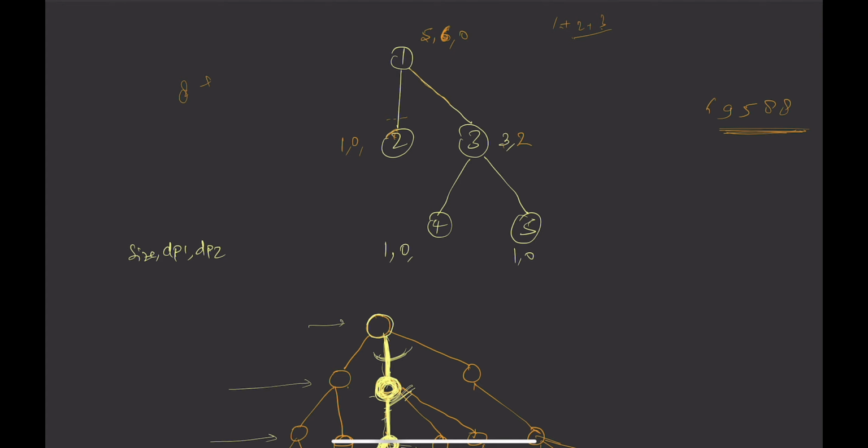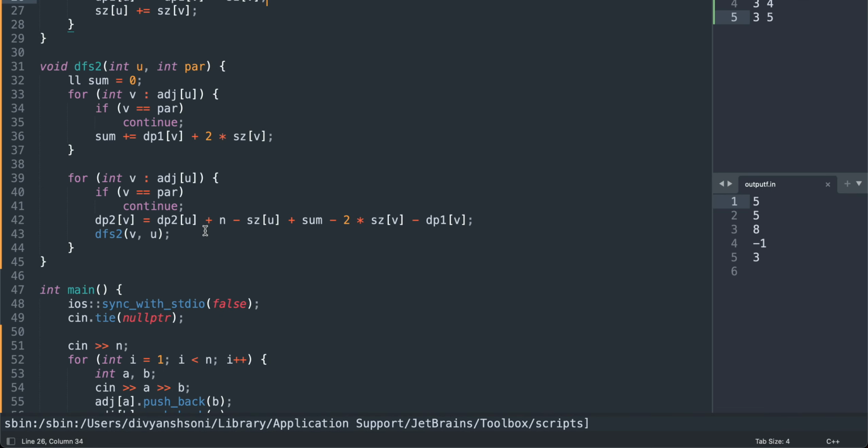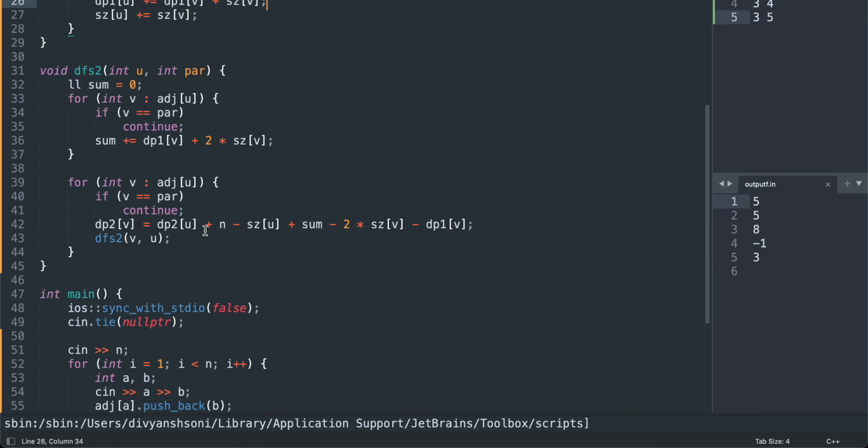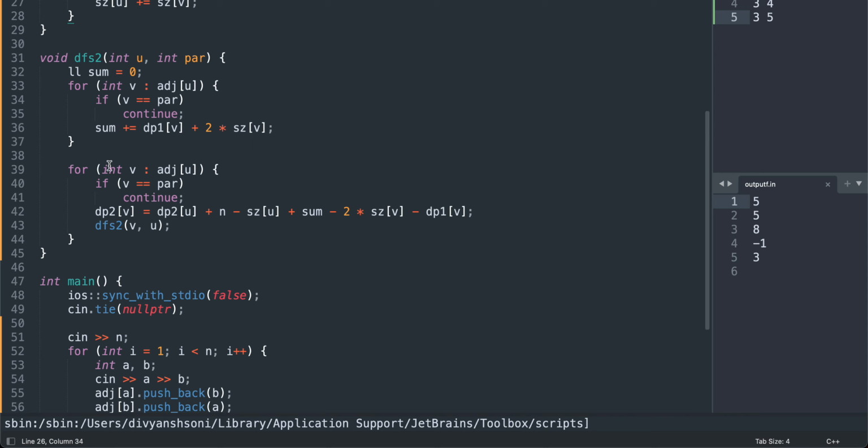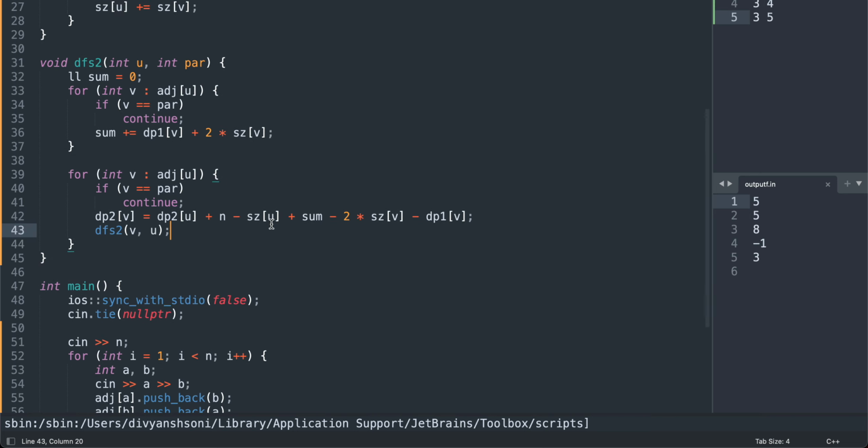Siblings plus the, what did I write? So this one is calculated, so dp2 which is 0 plus n minus size of u, n minus size of u.